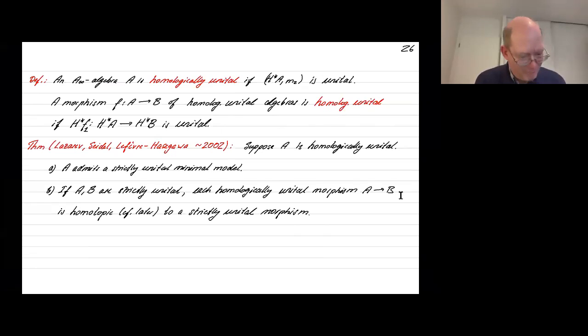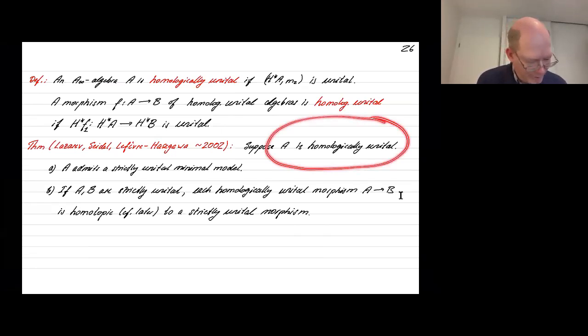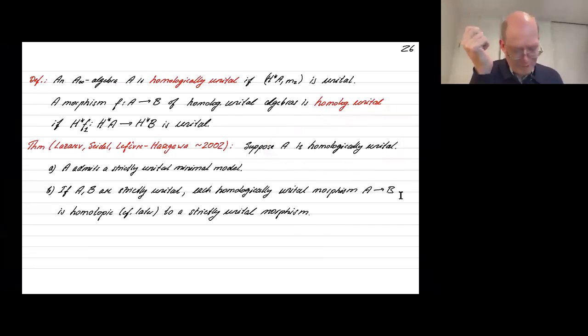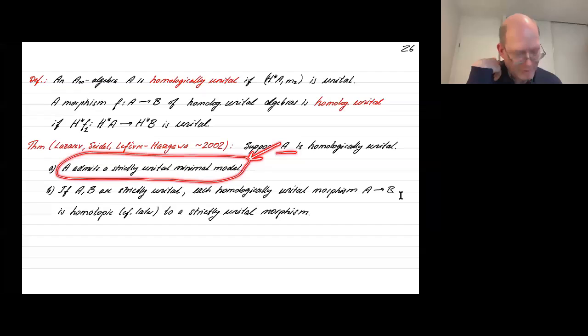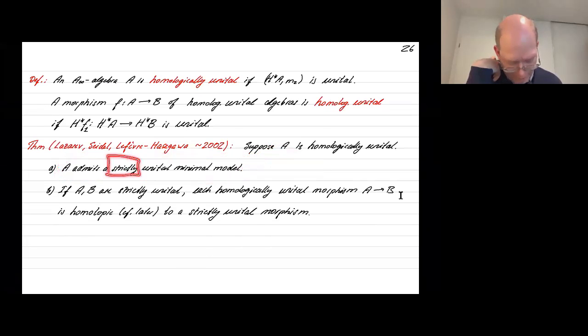So suppose we have some homologically unital algebra, so we have some homological unit. We might try to correct it into a strict unit, and that doesn't usually work. But we can find a minimal model. If we replace our algebra by a quasi-isomorphic one, for example a minimal model, then we can get a strict unit. So usually we have to change the algebra in order to make the unit strict.